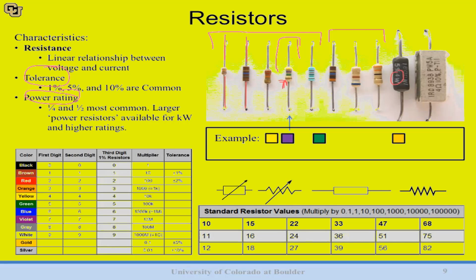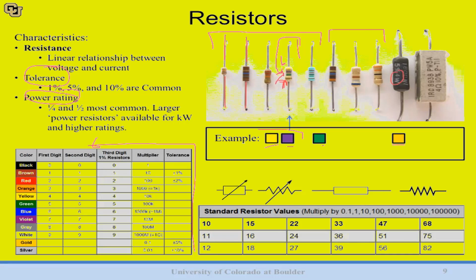Here we have a gold bar, so we're going to start from the other side, and we have yellow, purple, green, gold. So yellow, purple, green, gold. Now, to read these, we reference a table, which the easiest way to get one of these is just Google resistor color codes. That'll pop up a number of different options, and we just start by reading it off.